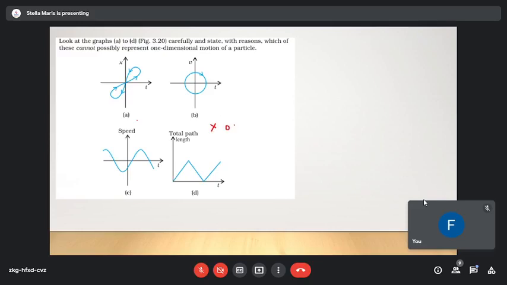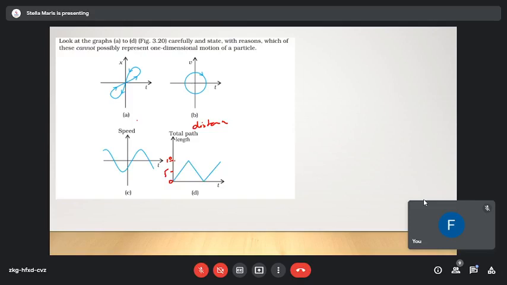It is not a one-dimensional motion. Why? Because here, what is total path length meaning, Jayashri? Other name for total path length? Distance covered, sir. Yeah, distance. Total path length is nothing but distance. See here, the distance increases. Let's say it is 0, 5, 10, something like that.